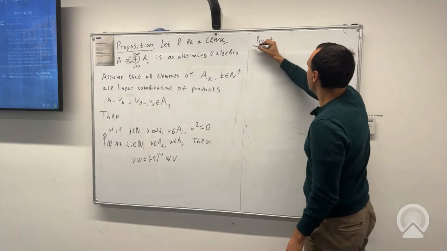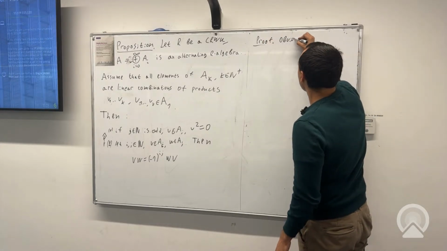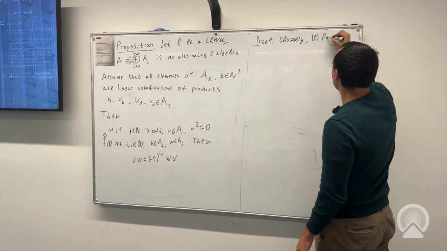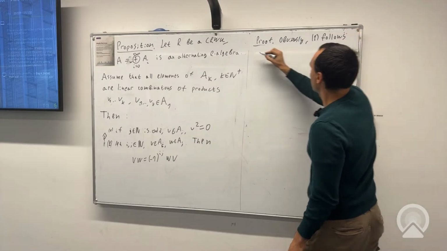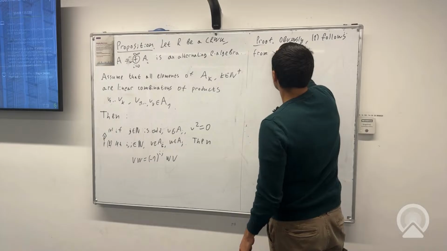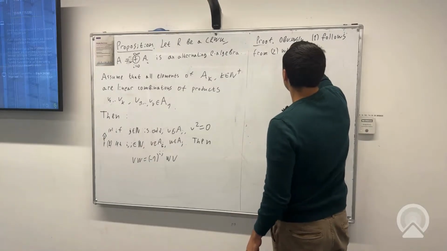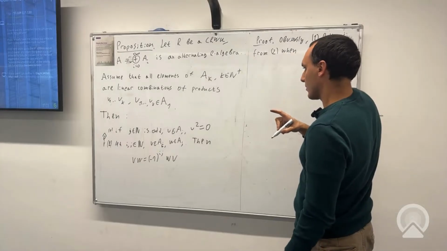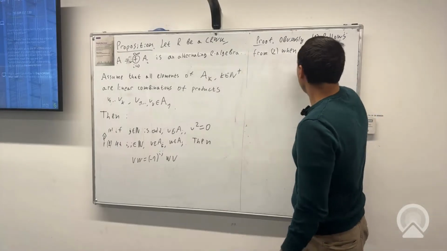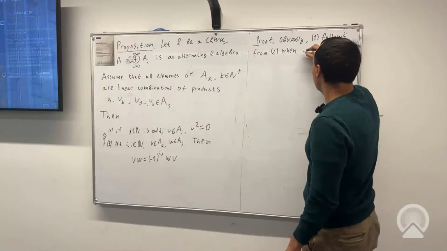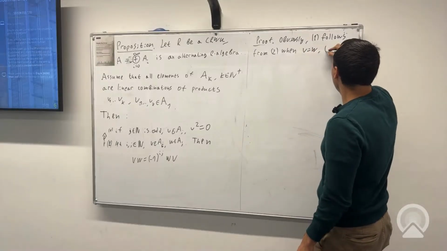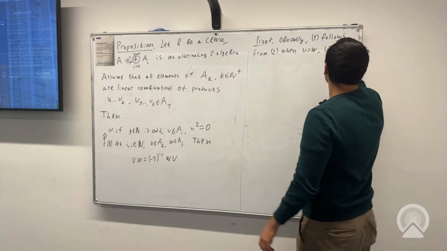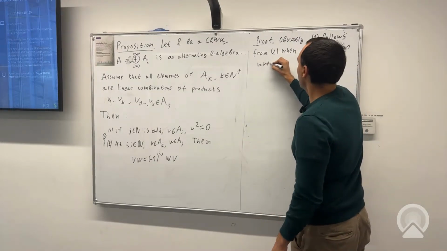So obviously, 1 follows from 2. 2 when V equals W. And so minus 1 to the j squared is minus 1 when J is odd.